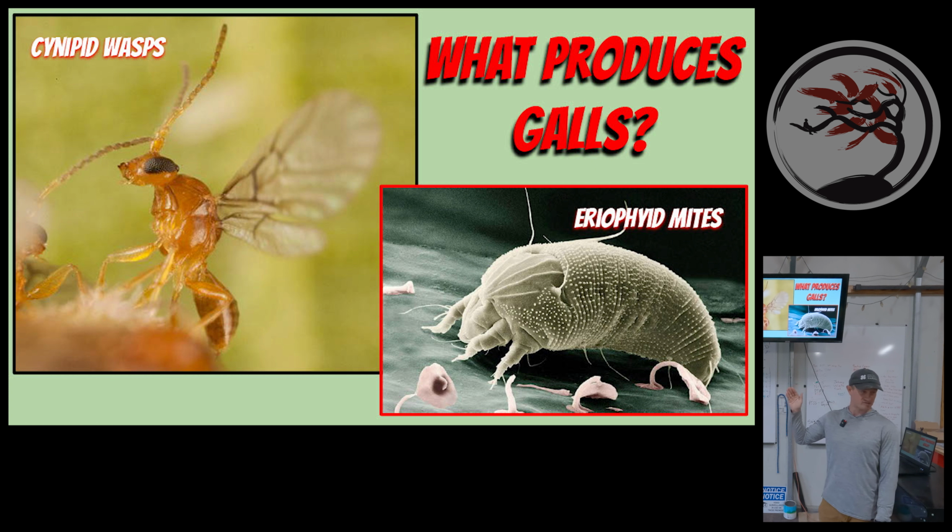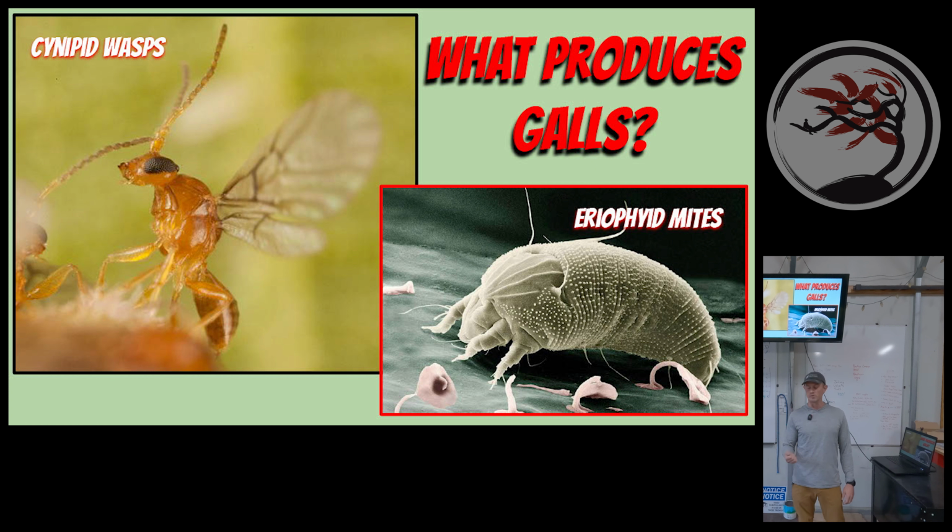Cynipid wasps, those galls you are going to find almost exclusively on oak trees, and there is an enormous variety of structures that they can produce. Structures are not a good way to group these gall producers by family. Wasps that are very, very closely related might produce very, very different structures. That's also one of the interesting things, and we'll get into that a little bit.